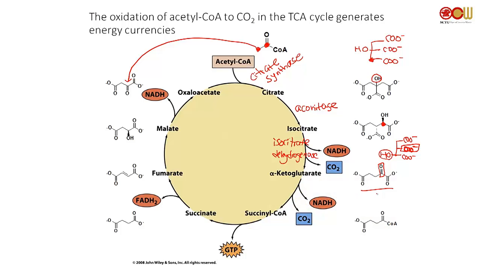And remember that alpha ketoglutarate, this guy, is now an alpha keto acid. You want to turn an alpha keto acid, this is 5 carbon, into a 4 carbon acyl-CoA. This reaction is going to be identical to your pyruvate dehydrogenase complex. Remember that?